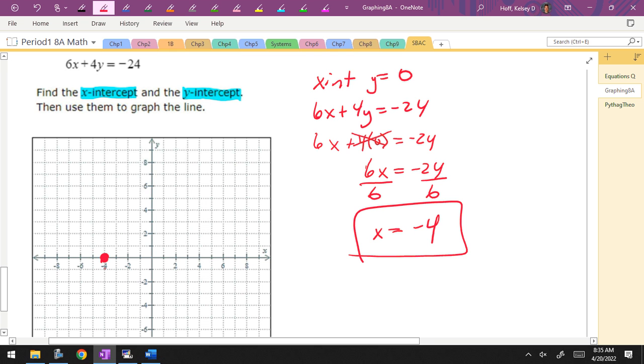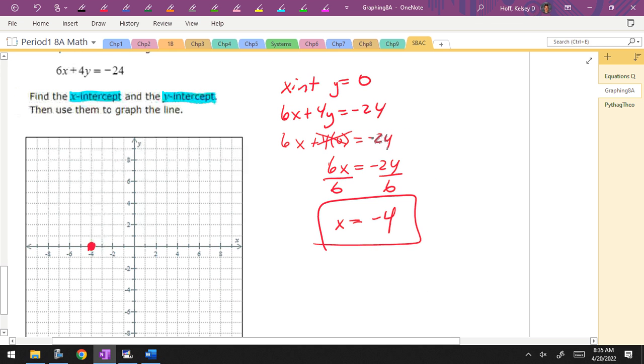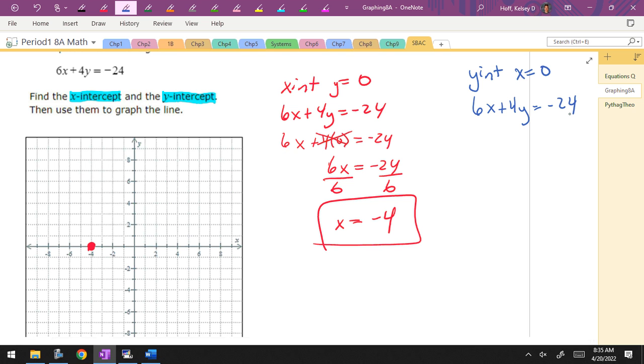Now I need to repeat this process because what do I have to find now? The y-intercept. What do you know about every y-intercept? X equals 0. So we take our equation, 6x plus 4y equals negative 24. What letter am I replacing? X is getting replaced with 0.